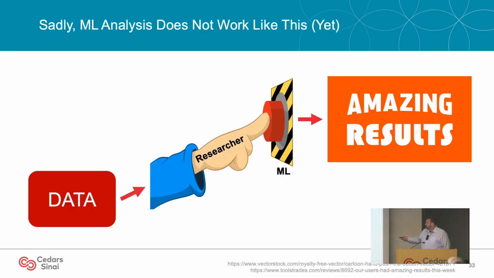But I think we all struggle with what to do with big data in particular. So sadly, machine learning analysis doesn't really work like this yet, although plenty of us researchers are trying to move in this direction. The argument can be made that some aspects of data science will always be best completed by a human being, but we're not there yet.